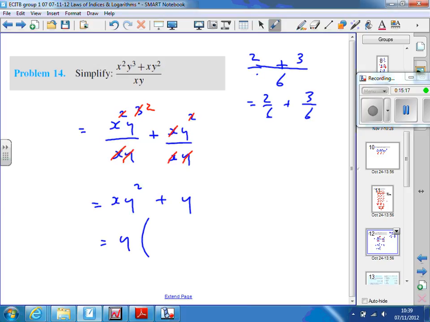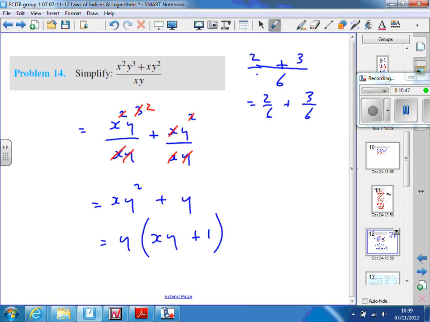And do you remember what I'm left with inside the bracket? I ask myself, what have I got to times y by to get xy squared? xy. Multiply xy by y, get xy squared. What have I got to times y by to get y? 1. So that would leave me that inside the bracket. So that's simplified.